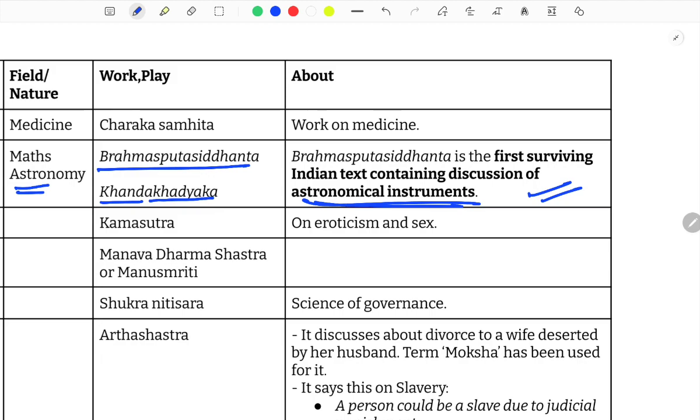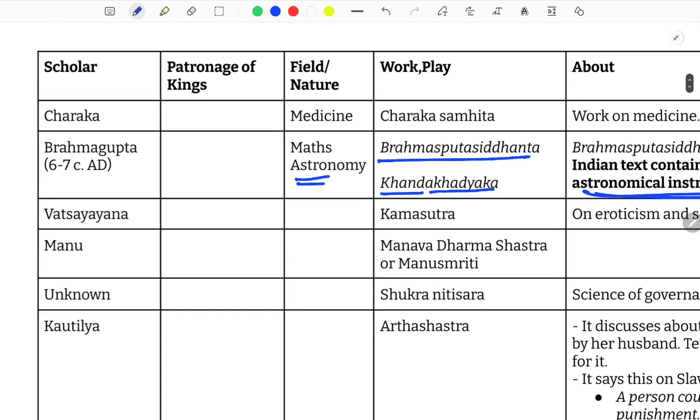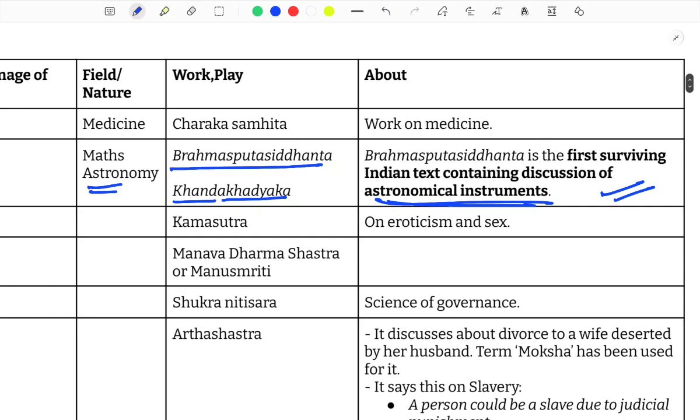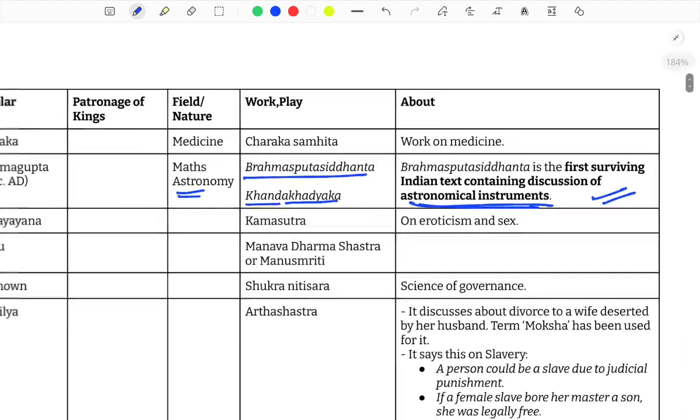Very important. Brahmasphuta Siddhanta by Brahmagupta is the first surviving Indian text containing the discussion of astronomical instruments.